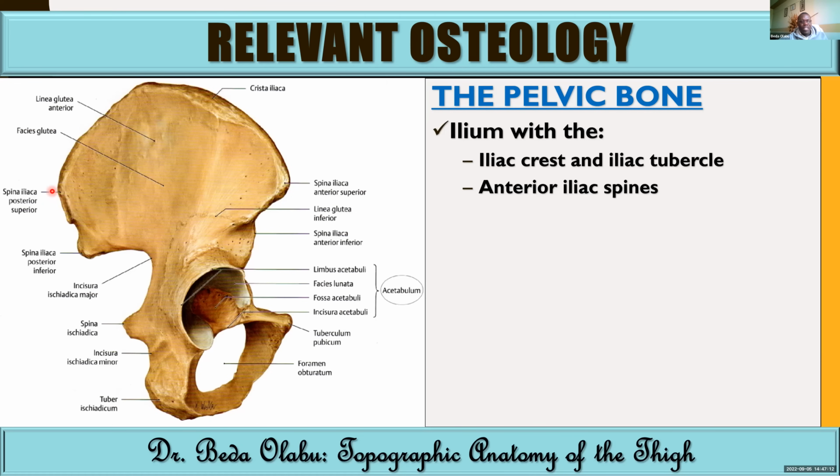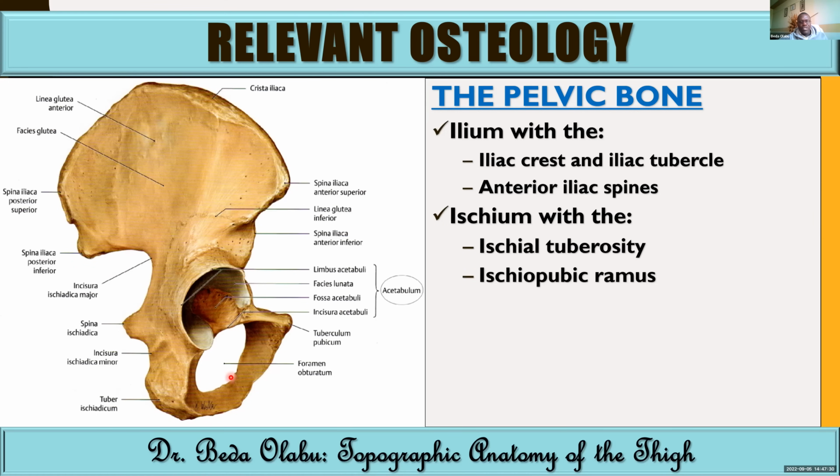But also remember that there are posterior superior and posterior inferior spines, which we discussed when we were discussing the gluteal region. Still, the ischial tuberosity, you know it, and the ischiopubic ramus formed by the ramus of the ischium and the inferior pubic ramus.